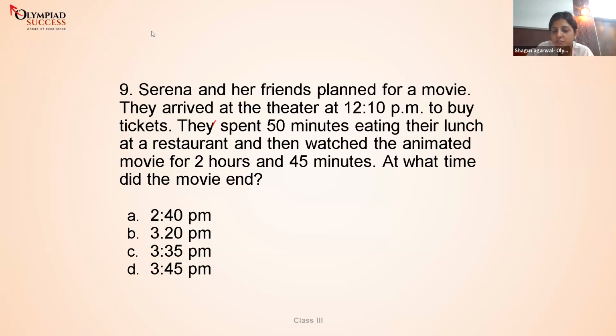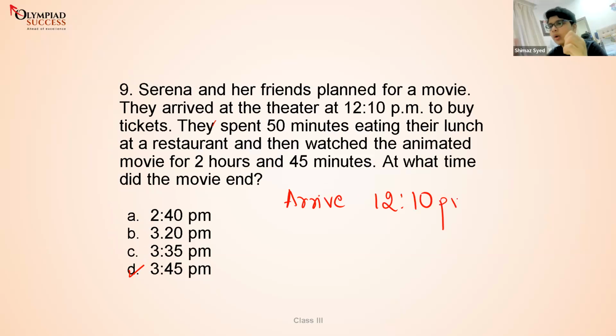Shimas, what do you think is the answer for this one? Ma'am, D. Absolutely correct. So how do we go about this, Shimas? So they arrived at 12:10 p.m. So at 50 is 1 o'clock.